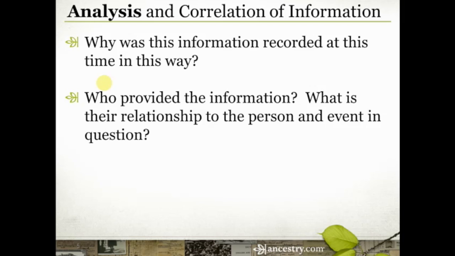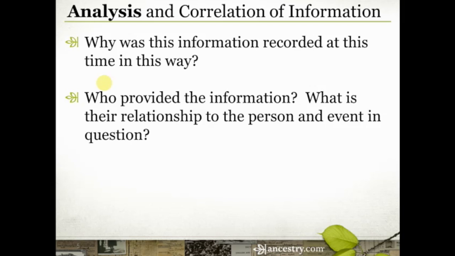Another source that we use in family history where an informant is known is a death certificate. Very often on a death certificate, it will list right on the certificate who the informant is. And so one of the questions we have to answer in this analysis step is, what is the relationship of that informant to the person in question and the event in question?